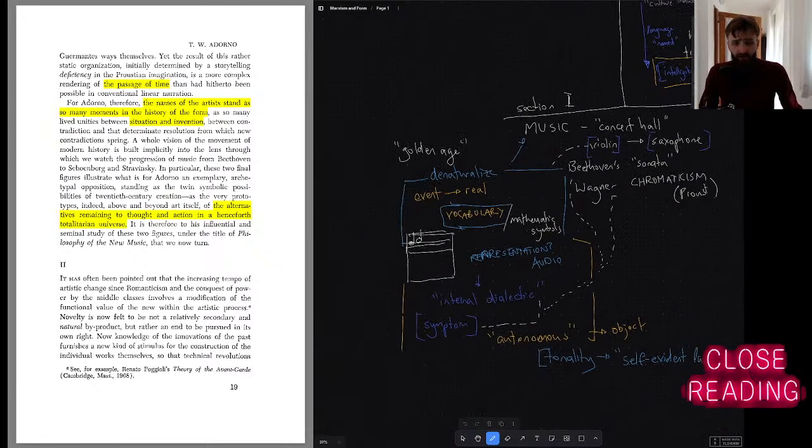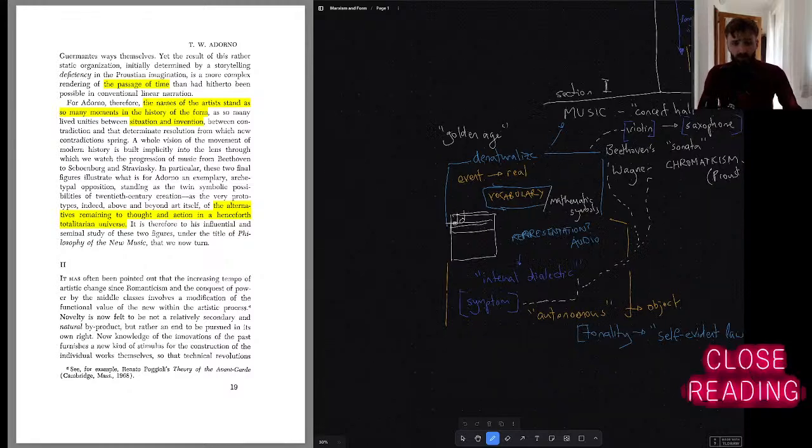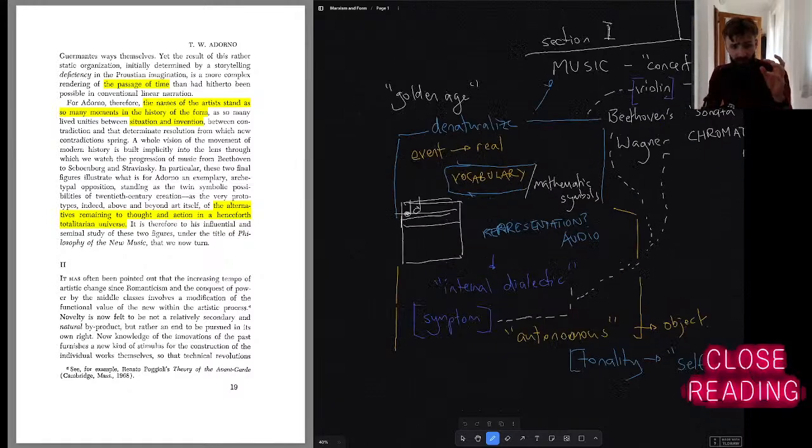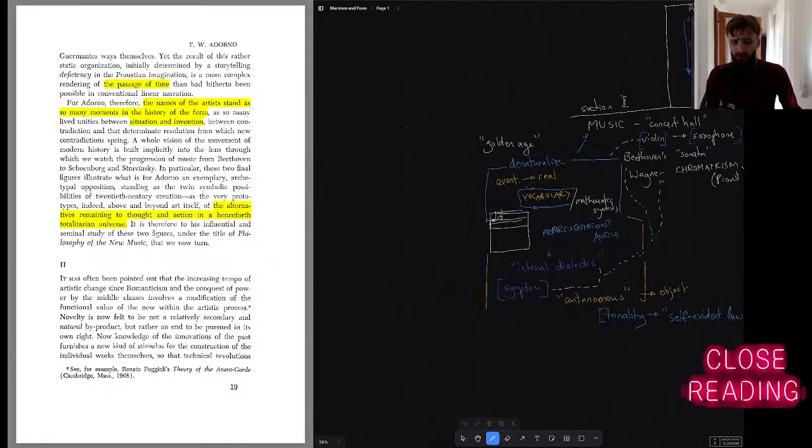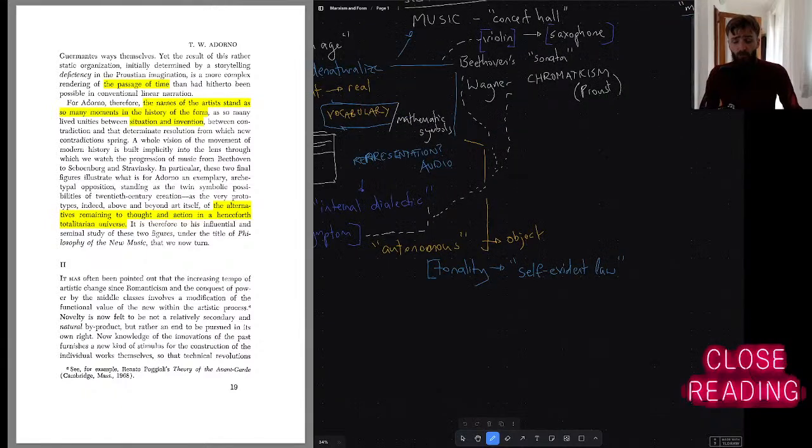And Jameson has said that this is interesting to Adorno because the relationship that these composers have to tonality, to the structure of the tonal system, is what makes music interesting as a cultural object that shows something of the dialectical structure of reality. So Jameson has said that what Adorno shows in music is something of music as an autonomous system.